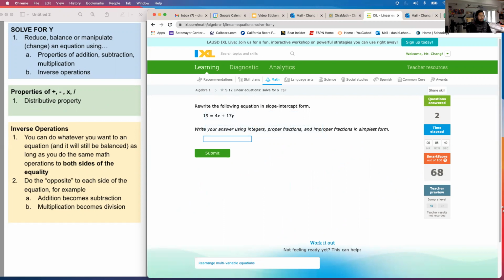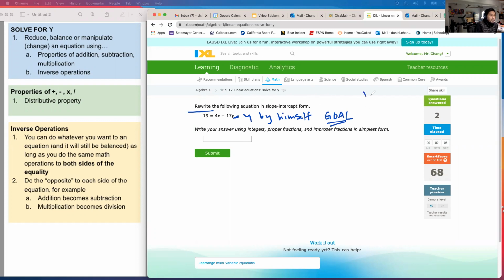Ah, the standard form. All right, what's my goal? My goal is to get y by himself. Y by himself. That's my goal. To rewrite this, right? Rewrite into the slope-intercept form.